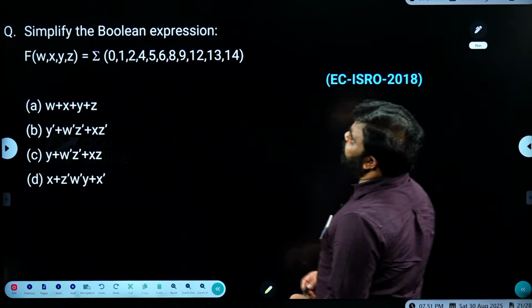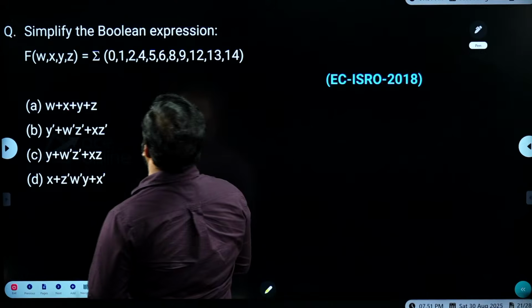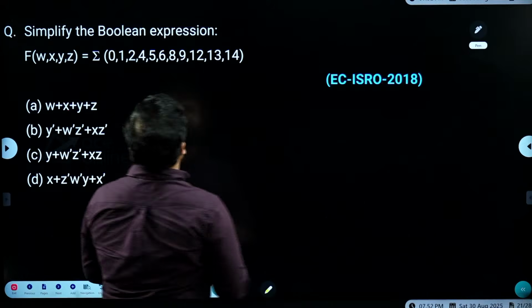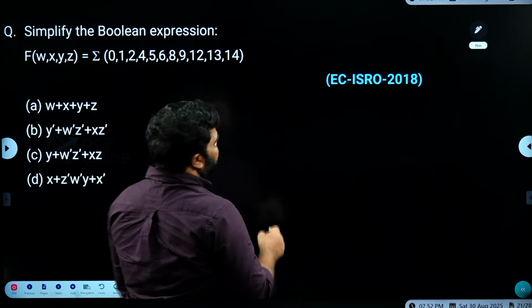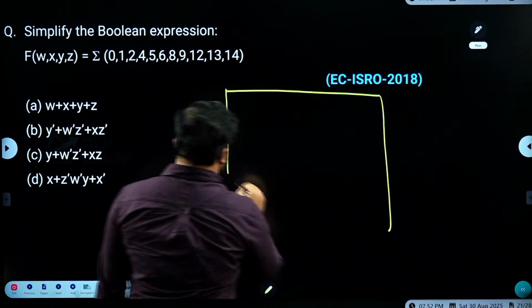Simplify the Boolean expression. F of W X Y Z is equal to sigma m of 0, 1, 2, 4, 5, 6, 8, 9, 12, 13, 14. Let me take a K-map to simplify this.